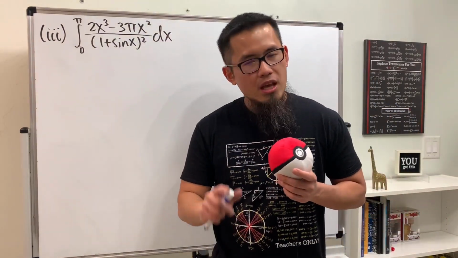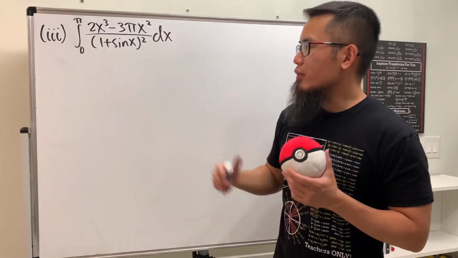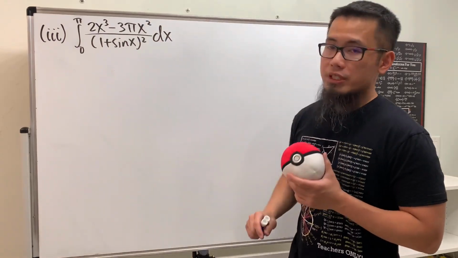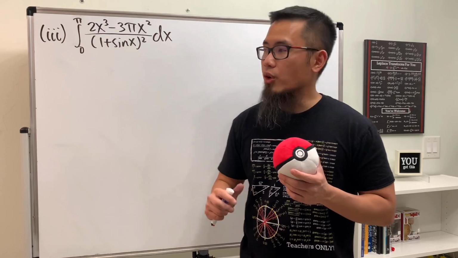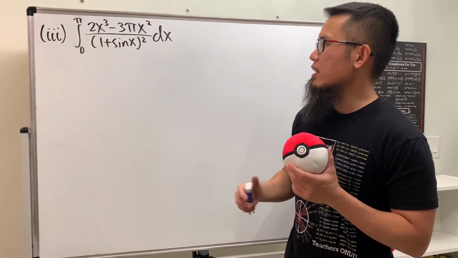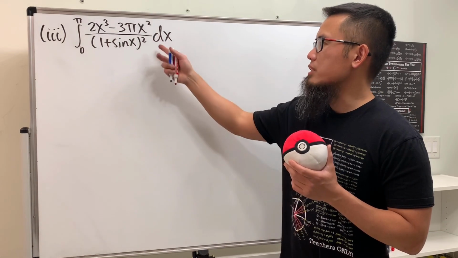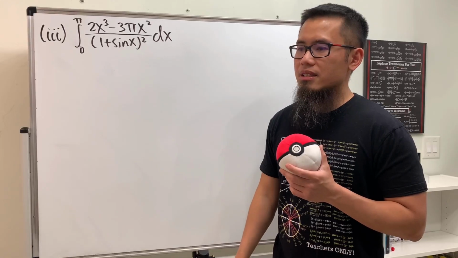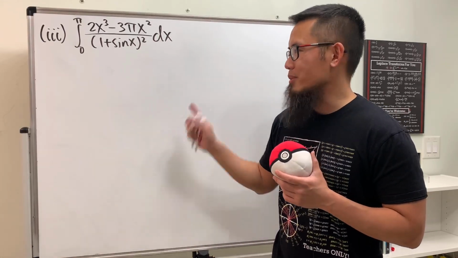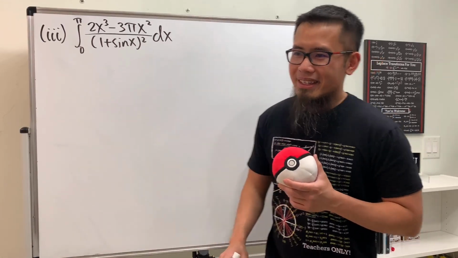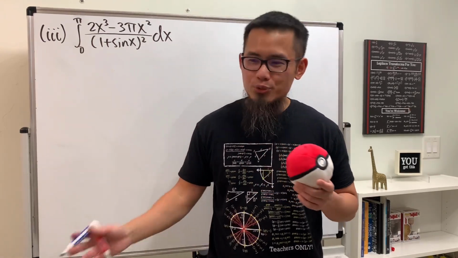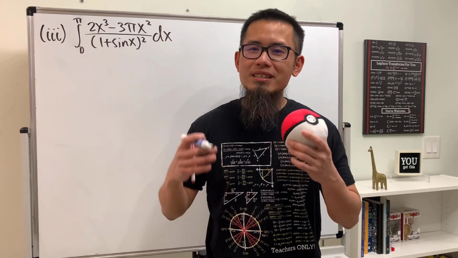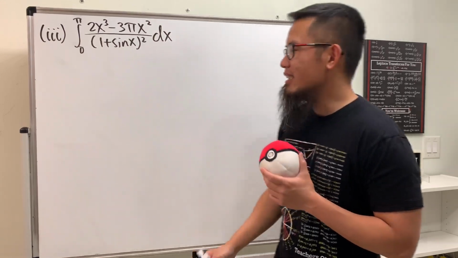Remember, if you give me this integral out of nowhere, then I wouldn't know what to do with it. But we did do part 1 and part 2 already. So maybe there's some kind of connection to help us with this. And yes, there is some kind of connection to help us with this right here. This is seriously just like a 6-course meal at a French restaurant because everything is planned for you, all right?